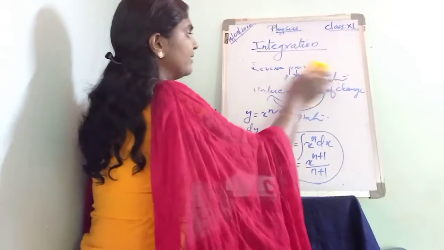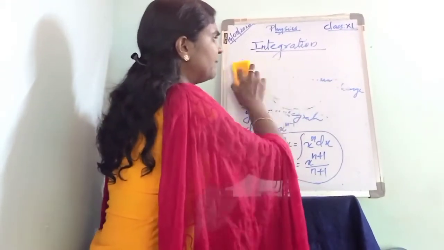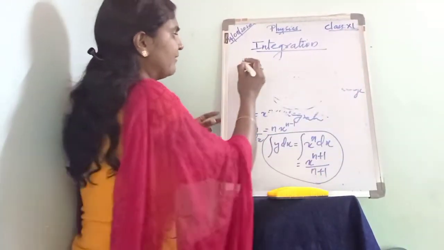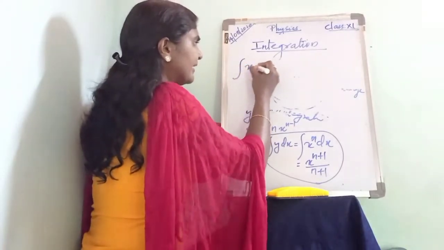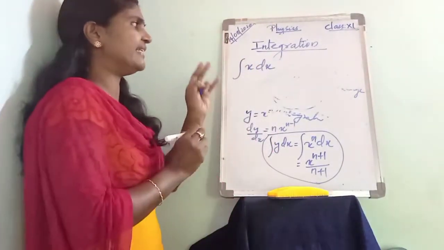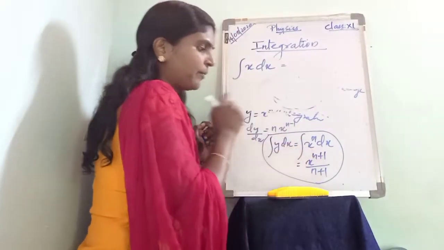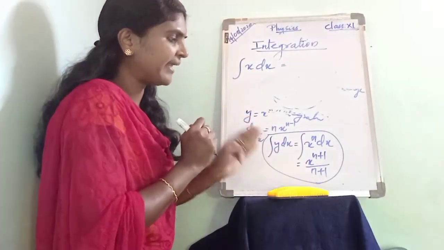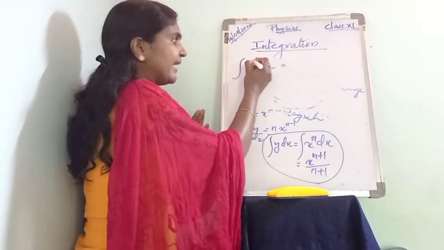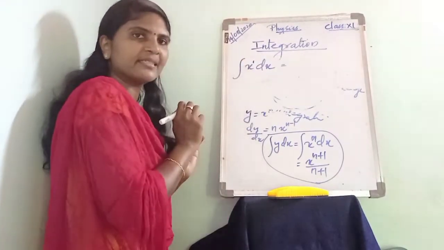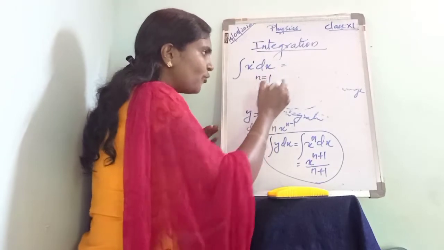We can do an example here. Find the value of integral x dx. We can use this formula, x raised to n plus 1 by n plus 1. What is the power of x here? That is 1, so n is equal to 1.